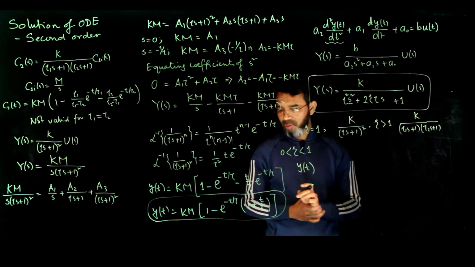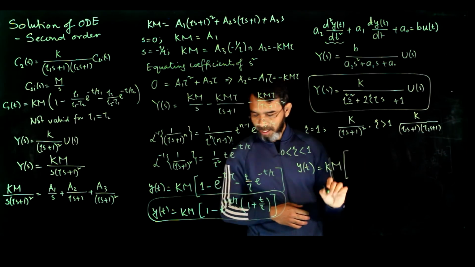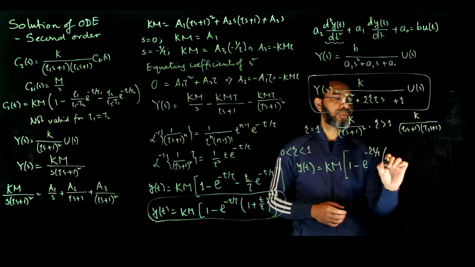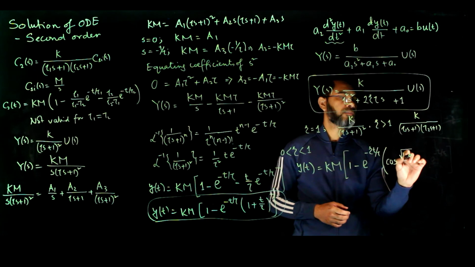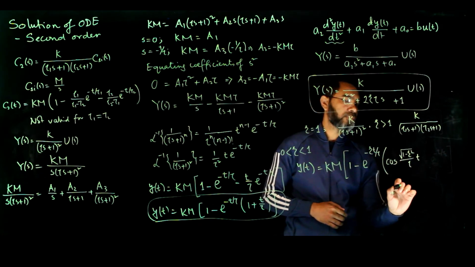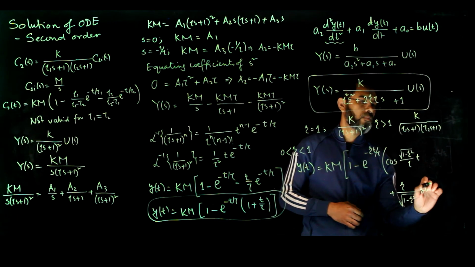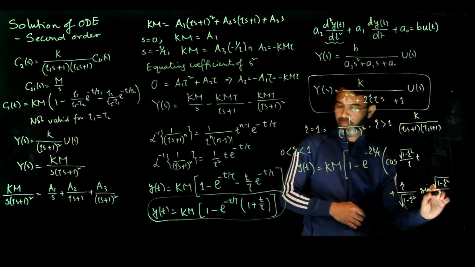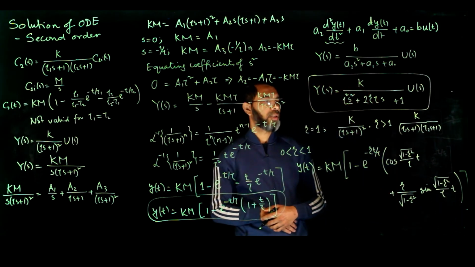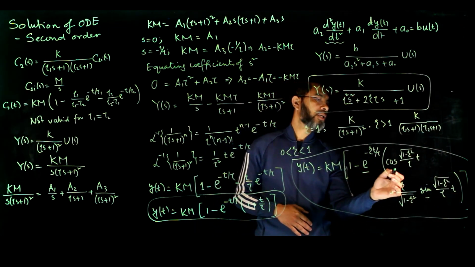For xi between 0 and 1, we have y(t) equals KM times 1 minus an exponential term times cosine and sine terms in t over tau. So the expression becomes a little involved, with both exponential and sinusoidal components.